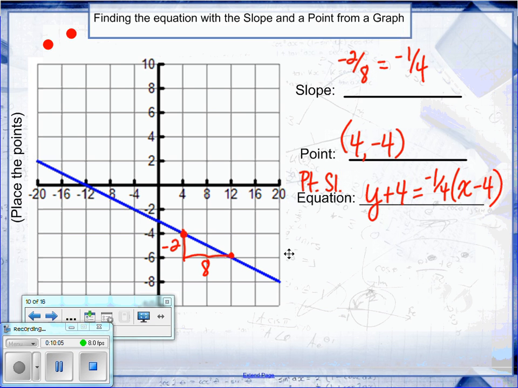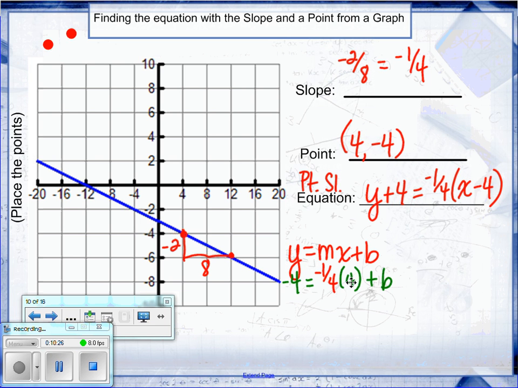All right, so I personally like when I just plug in what I know, which I know the slope is -1/4, and then I know my point is 4, -4. So I'm going to plug in a -4 here. I'm going to plug in a 4 here. I'm going to figure out what my y-intercept is.